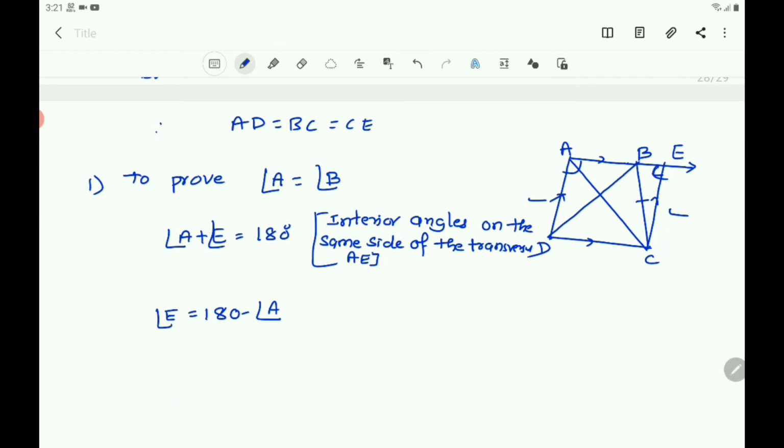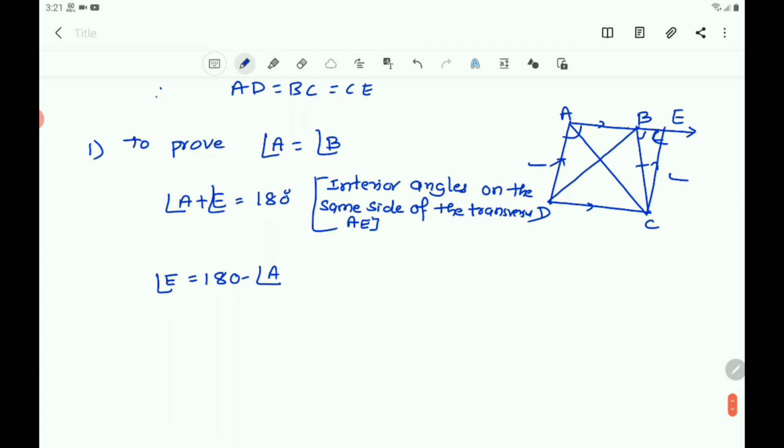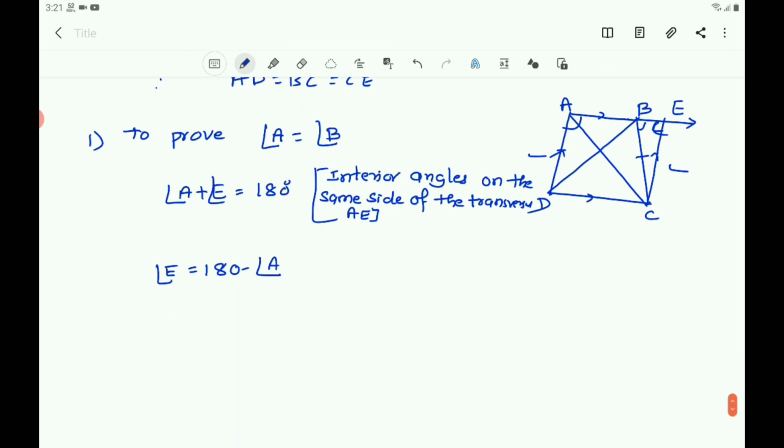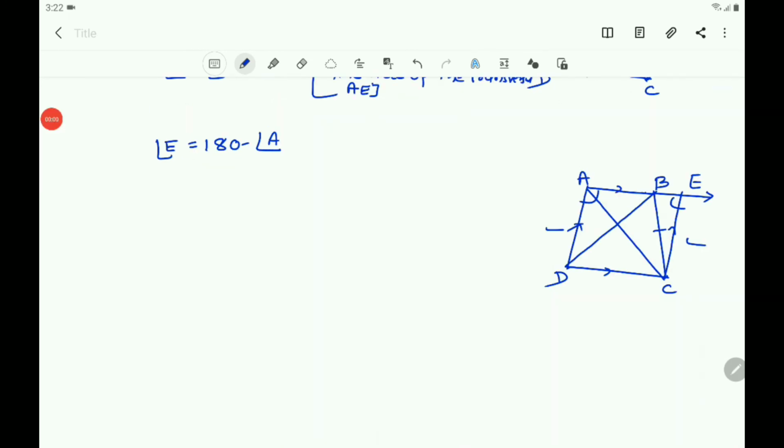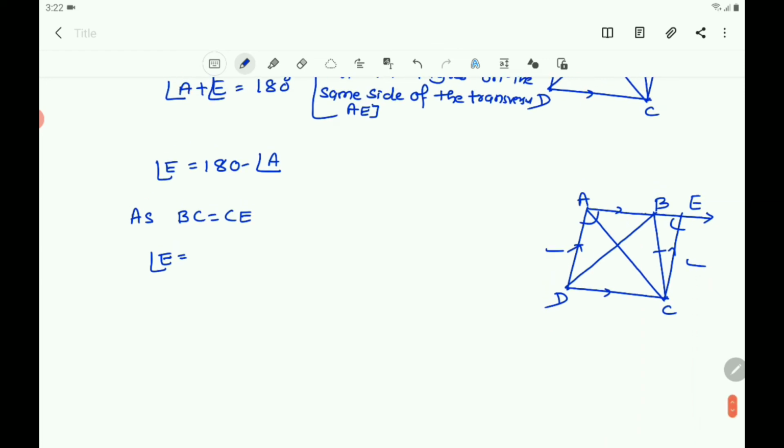And you know that here angle B, that is angle CBE, equals angle E. Why? Because BC equals CE. As BC equals CE, angle E and angle CBE are equal.